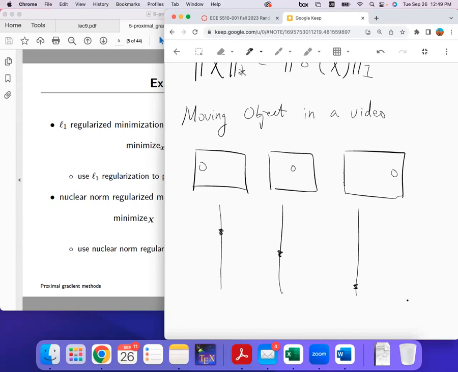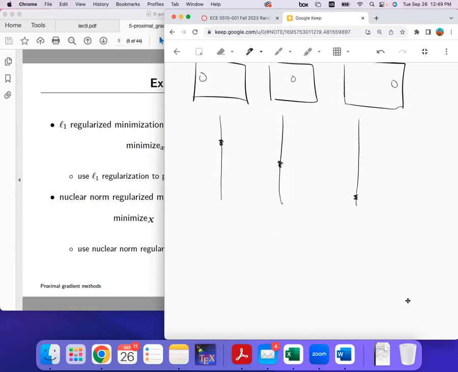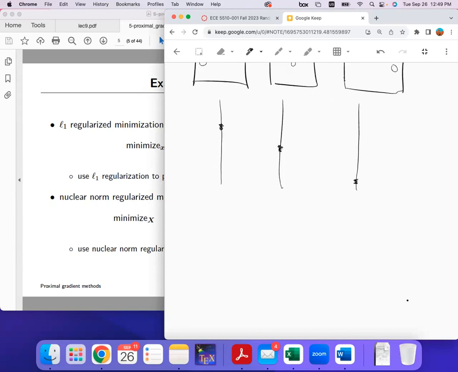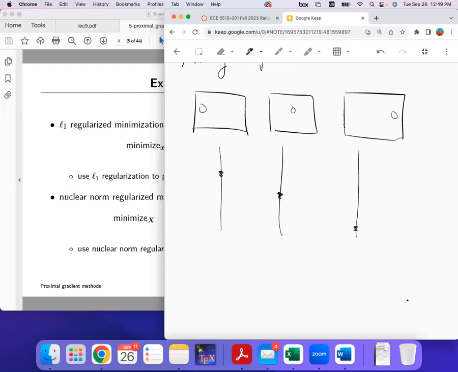And once you stack these columns together, imagine you will have hundreds of frames. You have a static background and a moving object. Now, if you stack all those column vectors together, it becomes a low rank matrix plus some moving objects.